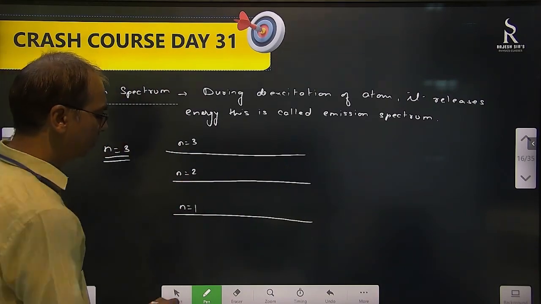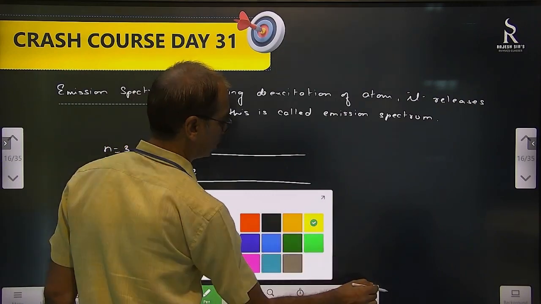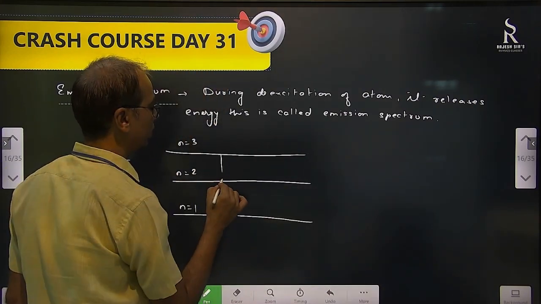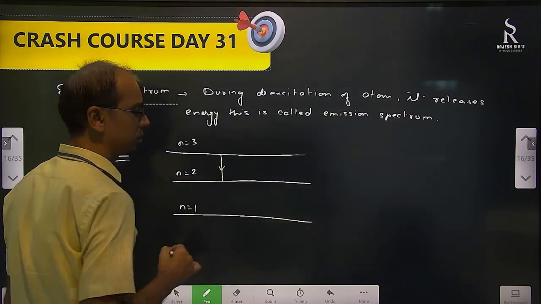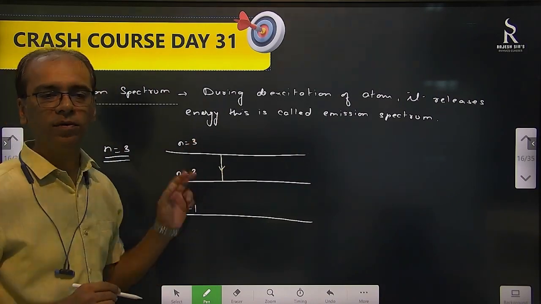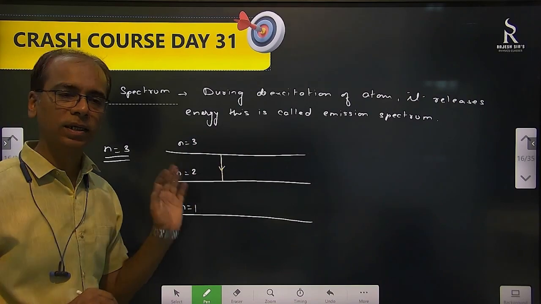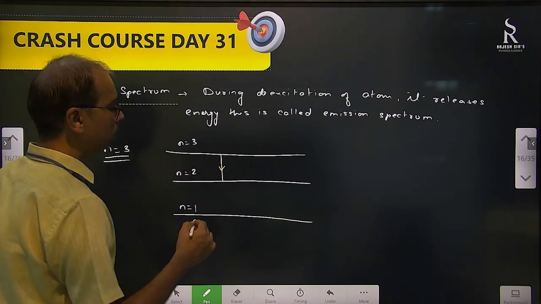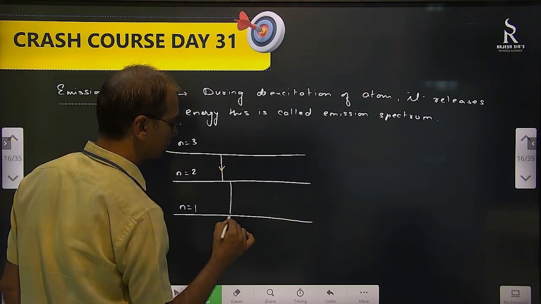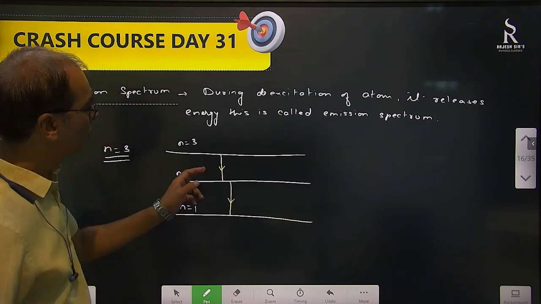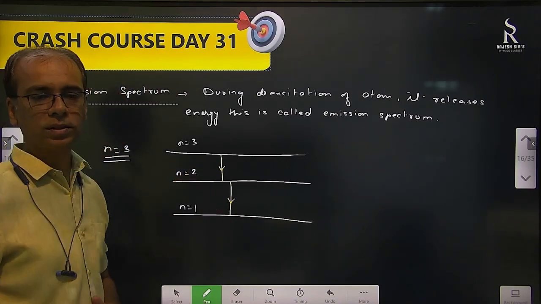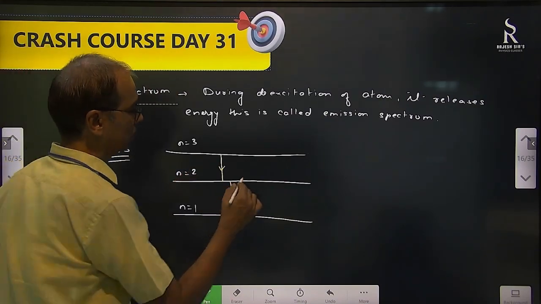What are the possible photons it can release? Maybe it is going to de-excite from n equal to 3 to n equal to 2. Is the n equal to 3 to n equal to 2 energy gap the same for every atom? Answer is no, so it is again characteristic. N equal to 2 to n equal to 1. So there is a possibility that it can release 2 photons, or it can jump directly.